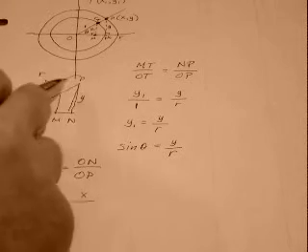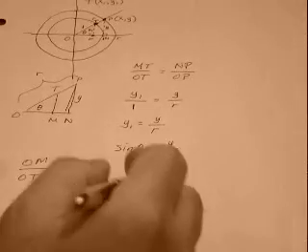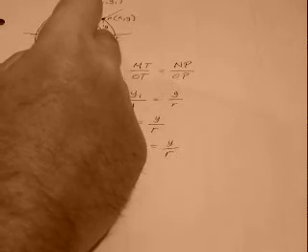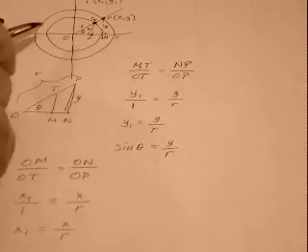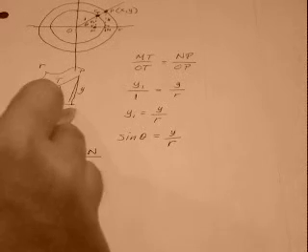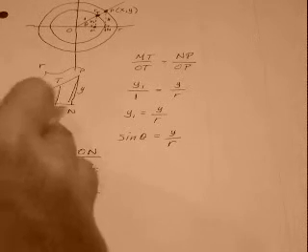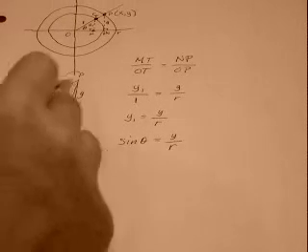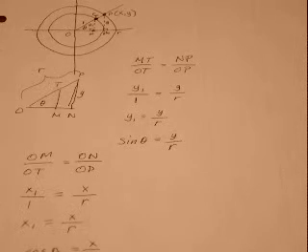OP is this distance, which is the radius of the big circle R. So X1 is equal to X over R. Now X1 again is the x coordinate of the point T on the unit circle, and that's actually cosine theta, which we've seen before. So cosine theta is equal to X over R. Cosine of theta, this is X, this distance ON, over the hypotenuse, R. Side adjacent over hypotenuse. Alright?